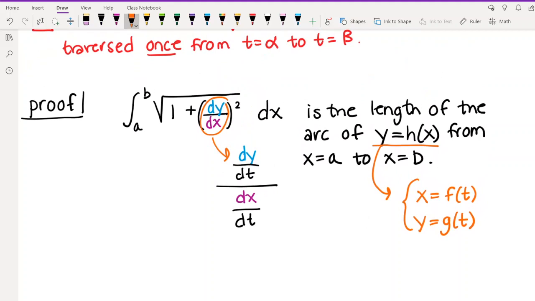And then another thing that we're going to change is that dx, based on the stuff that we've been saying with treating these things as fractions, dx can also be written as dx/dt times dt, right? Just treating these as fractions.